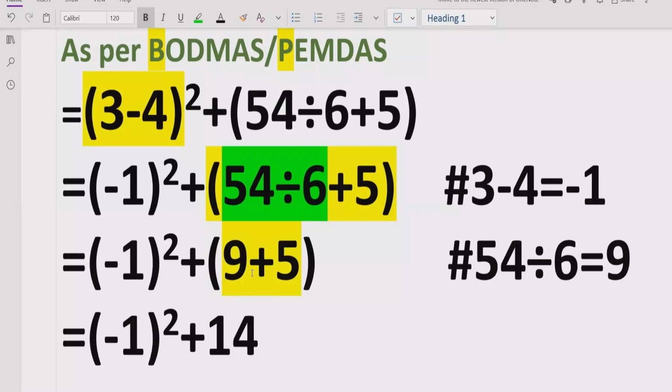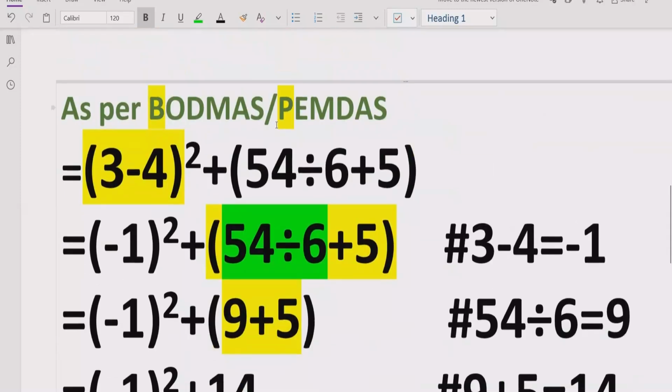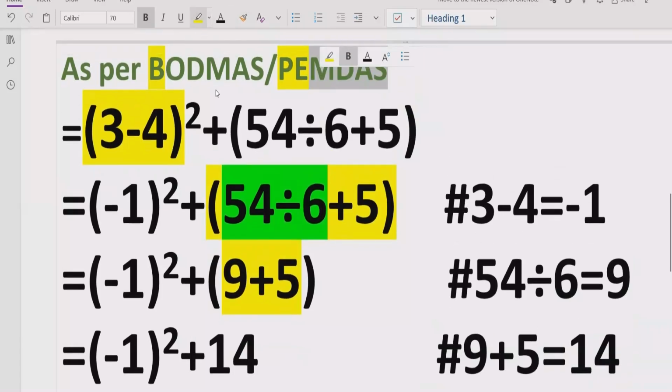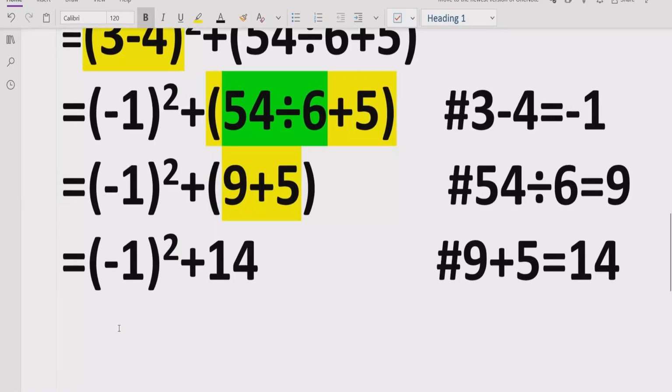And here we give the reference: 9 plus 5 equals 14. Now move forward. We have solved all the brackets. Now we have to solve the exponent part. One more thing: we solved the division, multiplication, addition and subtraction first because they were coming inside the bracket.